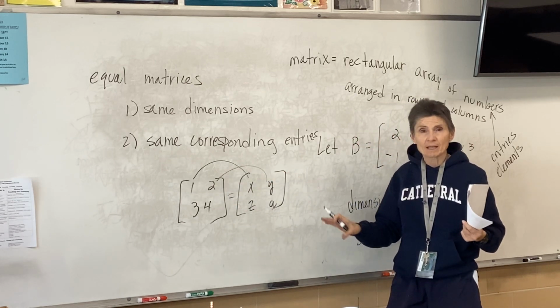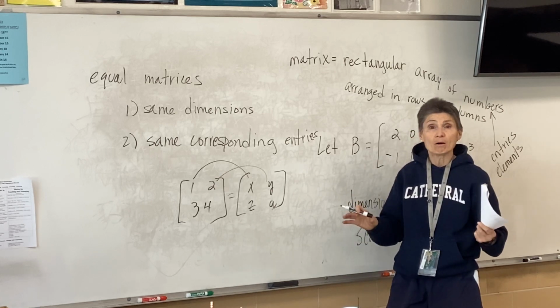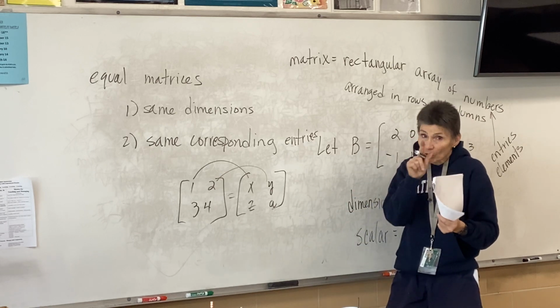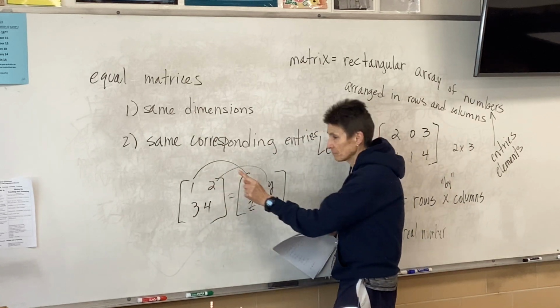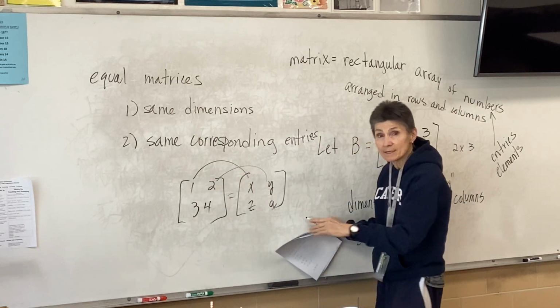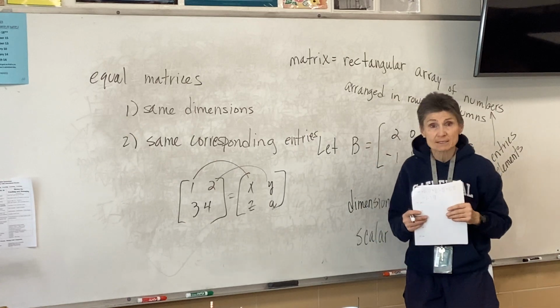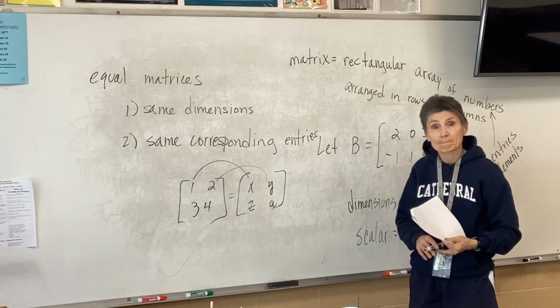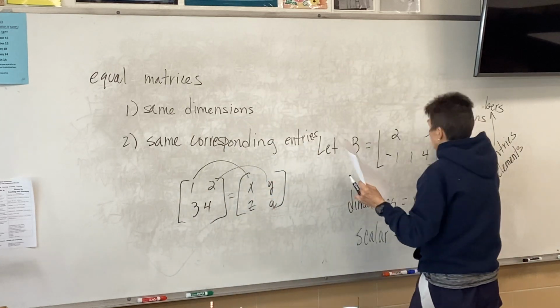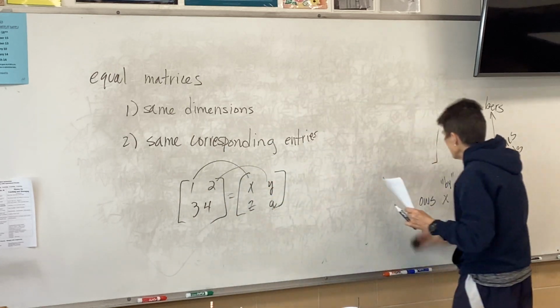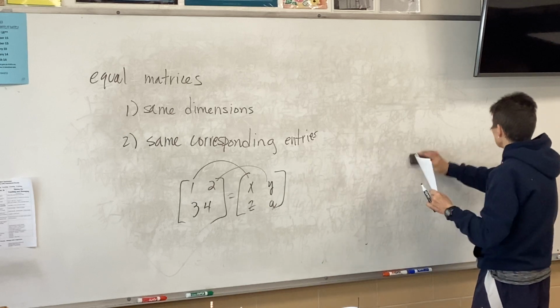We'll do something like that. So it's just important right now that you understand, if they're equal, it means this is this, this is this, and so on, and the matrices are exactly the same size. All right? That's our basic vocabulary. Now let's see if we can do a few problems.